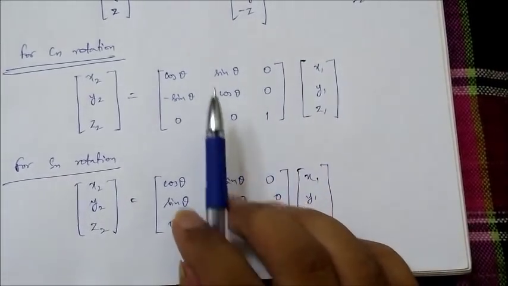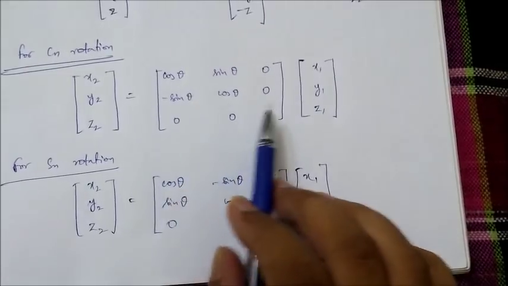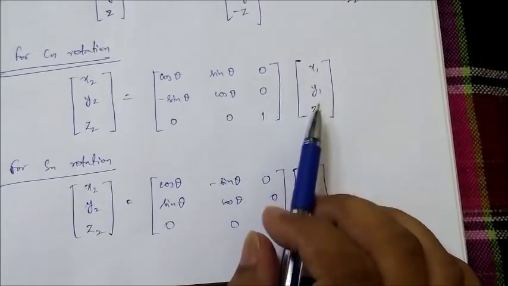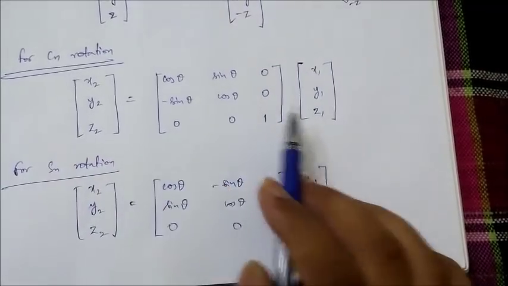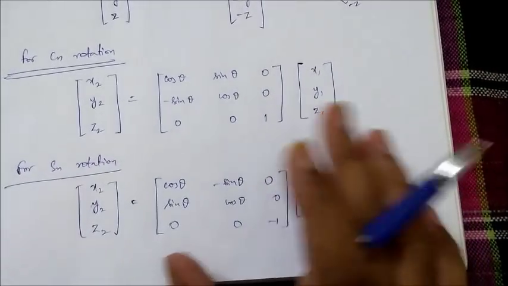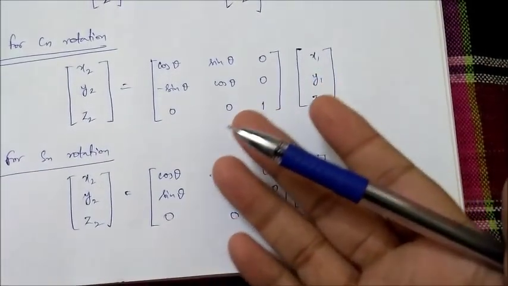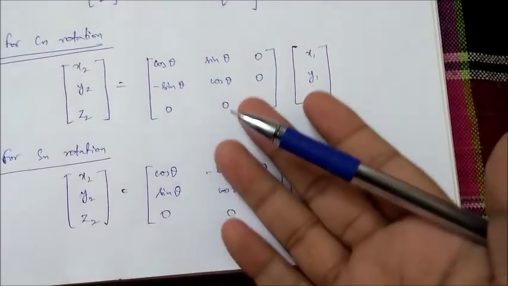This is a 3 by 3 matrix and it will be multiplied by a 3 by 1 matrix. I will tell you how when we solve the questions.